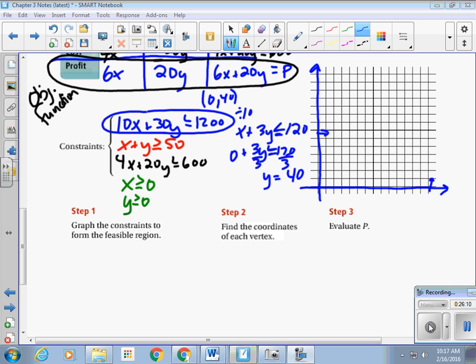And let's go ahead and count by tens. So the blue line has a dot at 0, 40. And then I'm going to plug in 0 for y and find my x-intercept.